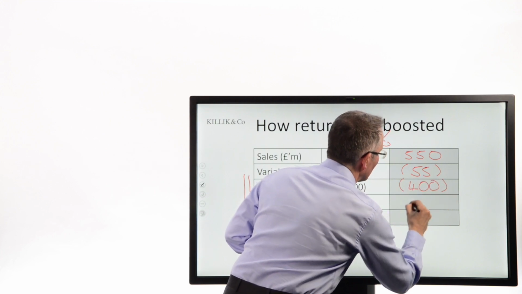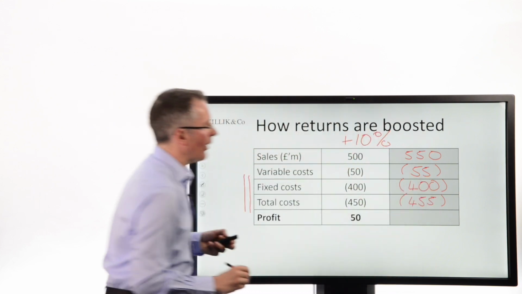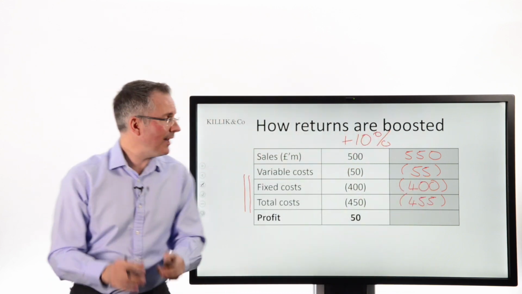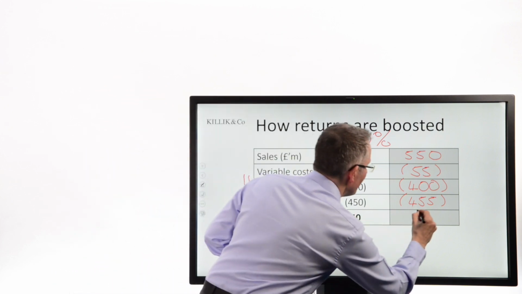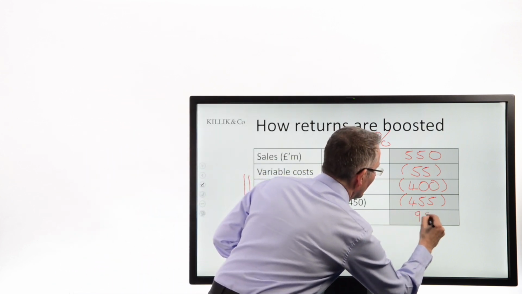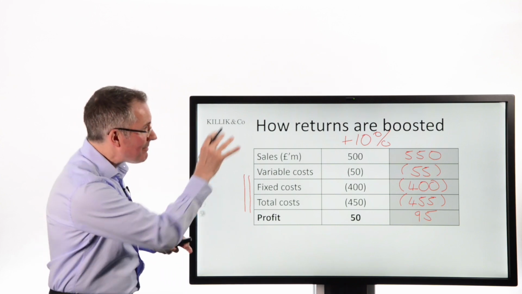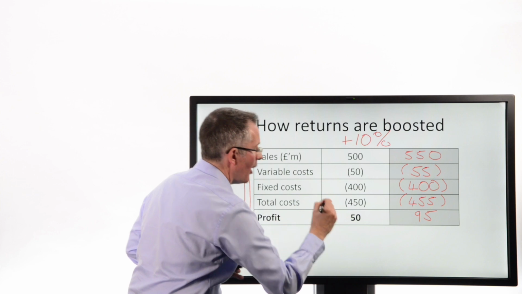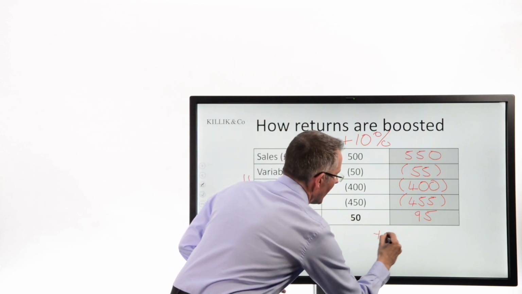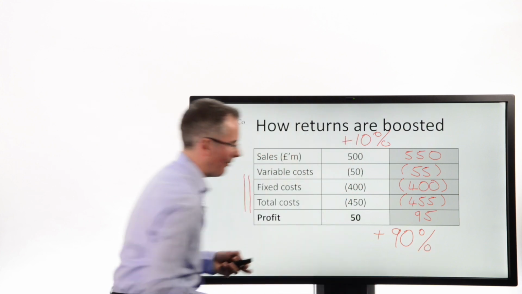That means my total costs are now 455. So, sales 550, total costs 455, suddenly profit down the bottom 95. So what? Well, here's the killer thing. A 10% increase in sales has generated 95 over 50 as a percentage, a 90% increase in bottom line profits.